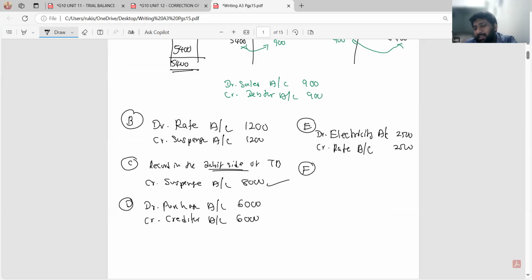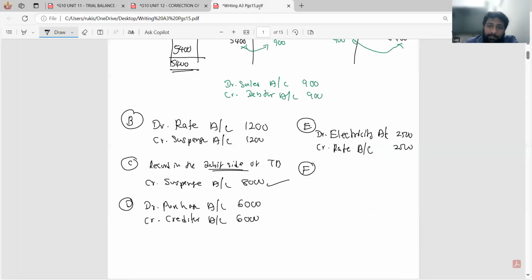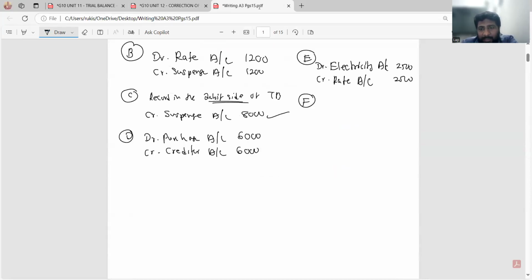So they are not asking these journal entries. I am just writing for your learning purpose, understanding purpose. Discount of 1,300 has been recorded as 3,100 in the debtors account. So what has happened? You have given some discount. When you give discount, what's the double entry?